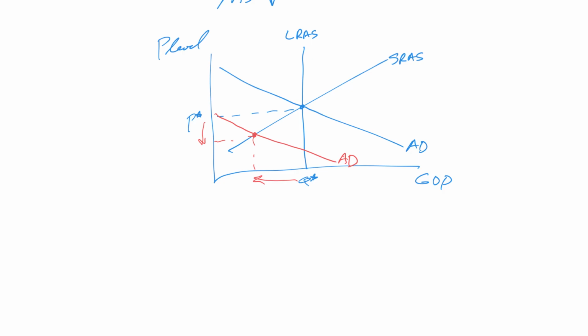Firms say to their employees, sorry, guys, we have got to cut your wages because the price of our product has gone way down, and yet you're still earning wages way up here. So over time, as those expectations change and as workers begin to accept that things have changed, the short-run aggregate supply curve shifts down.